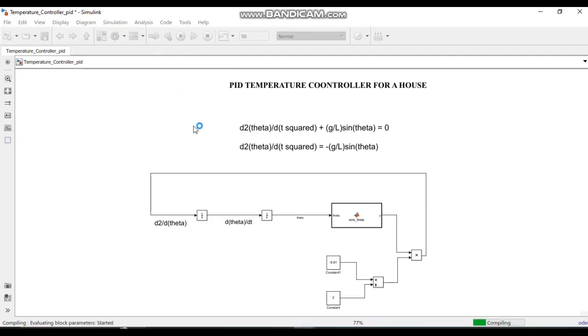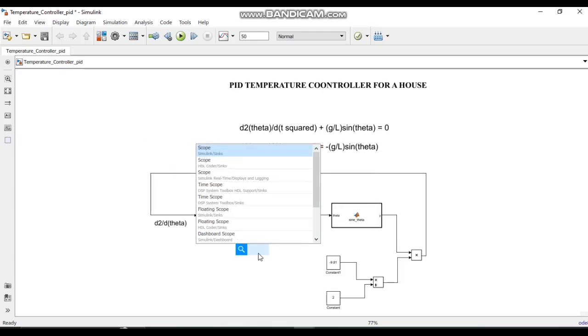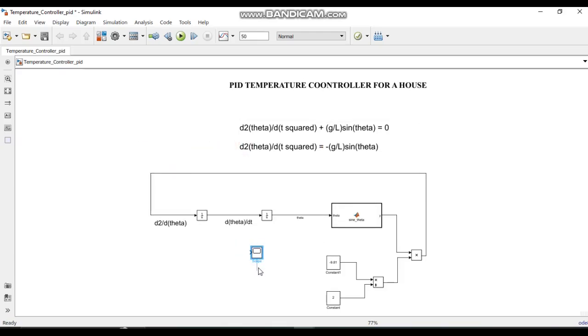Let's check if there aren't any errors. So let's use a scope block to visualize our data, how our angle is changing.